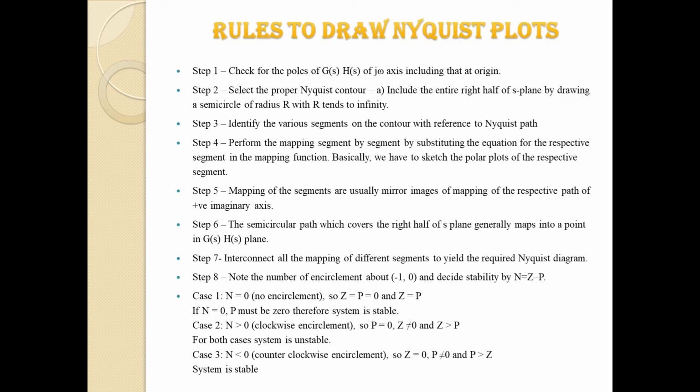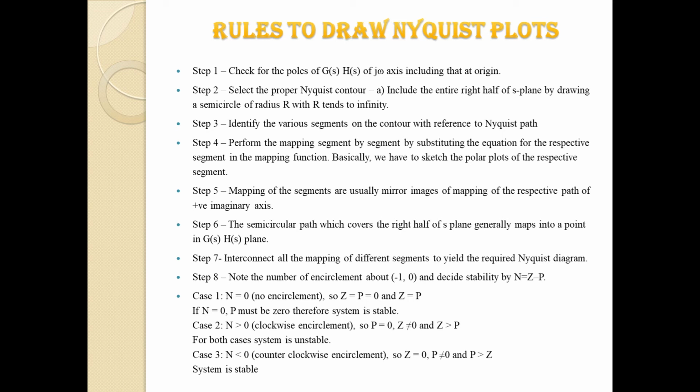Now, we have to find out the number of encirclements about the minus 1 plus j0 point and then decide the stability by using n is equal to Z minus P, or Z is equal to n plus P. So, if we find that n value, there again 3 cases come.